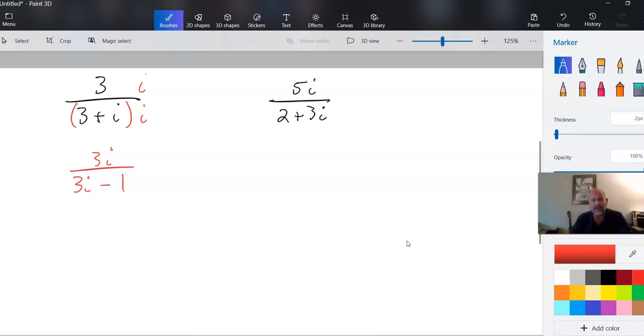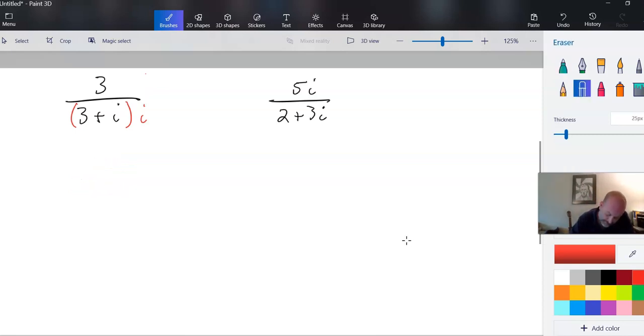And the problem is I still have an i in the denominator. Multiplying by i just swapped the roles of the real and imaginary parts. So it didn't clear out that i. But it's a really strong temptation to do that because it seems like it should. And if you forget to distribute, it'll look like it should, but that's not what it does.